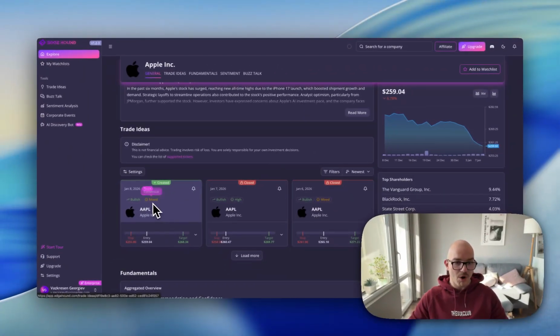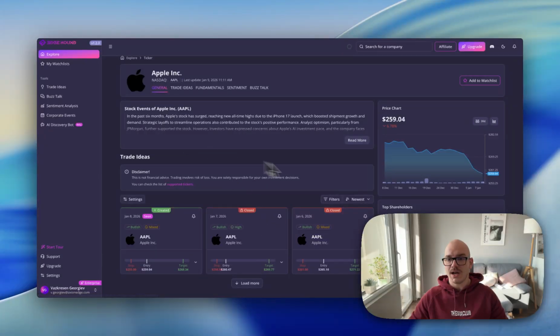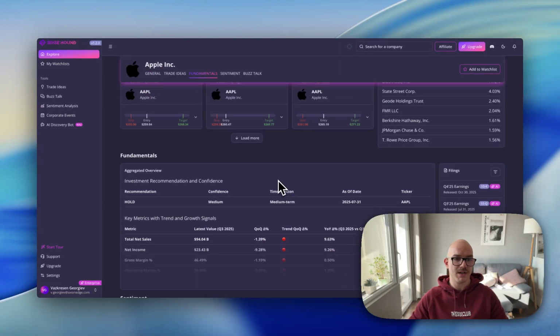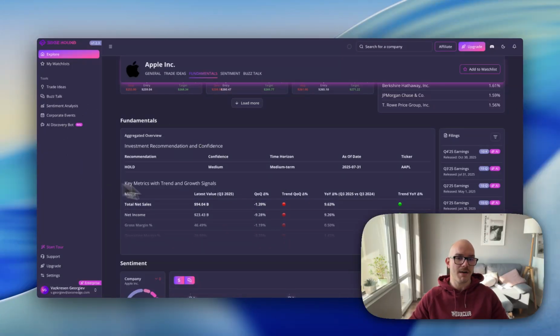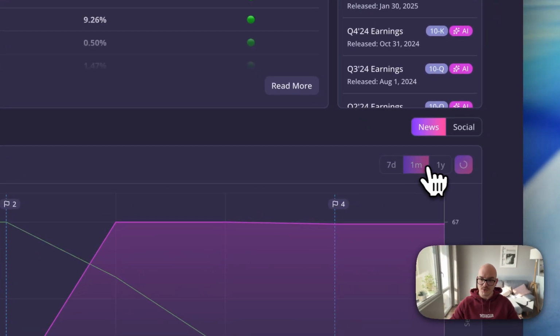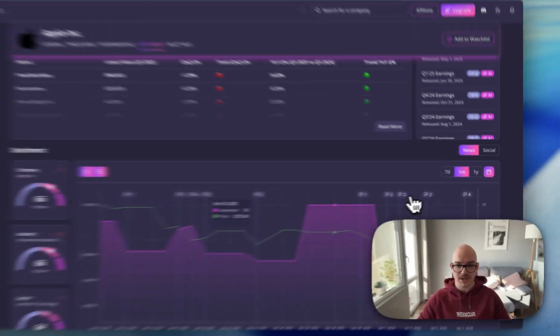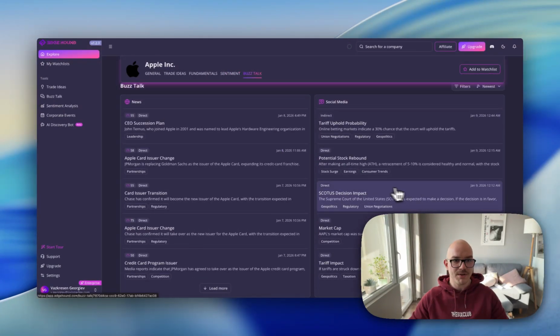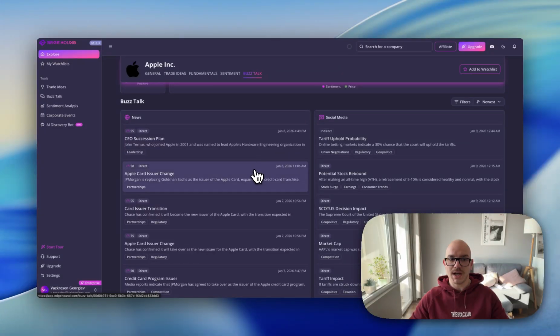You also have all other trade ideas associated with this particular ticker. You have the price chart, you have the top shareholders here, and if you navigate further down, you have your fundamental analysis, you have your sentiment analysis for both news and social, which you can explore in various time frames. And then you have your buzz talk, again, both news and social media.